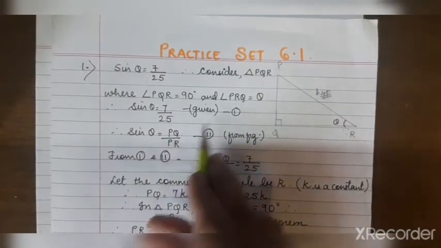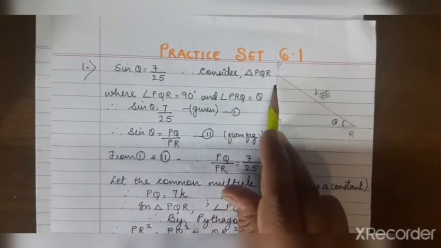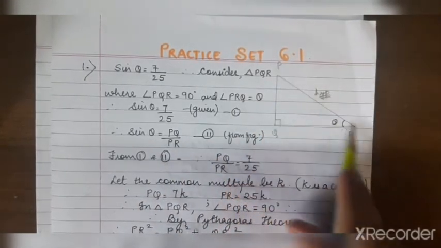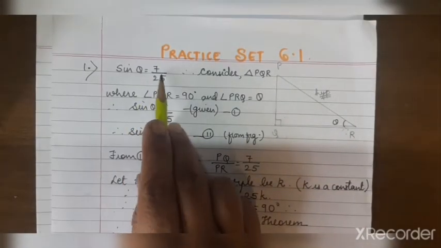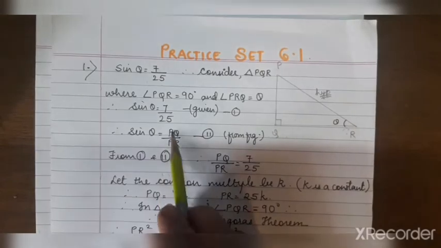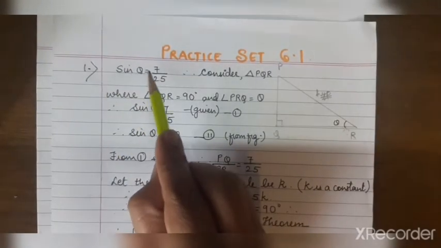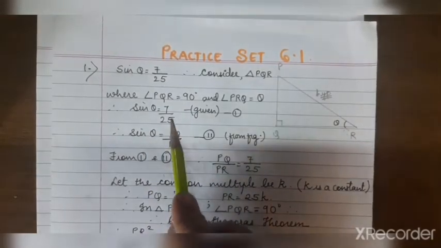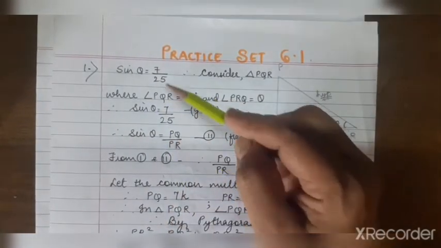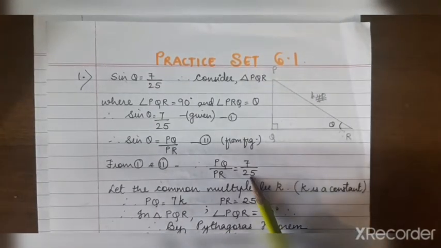So with respect to the figure, sine theta is PQ upon PR, and given sine theta is 7 upon 25. So from these two, we can write PQ upon PR is equal to 7 upon 25.